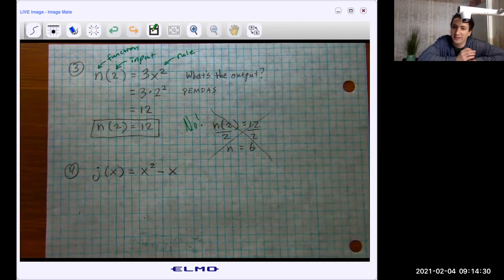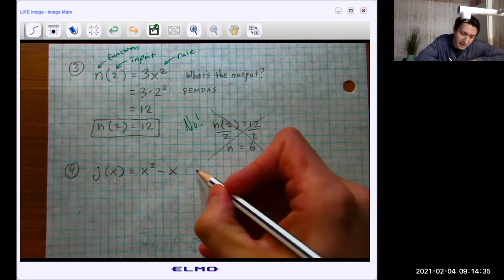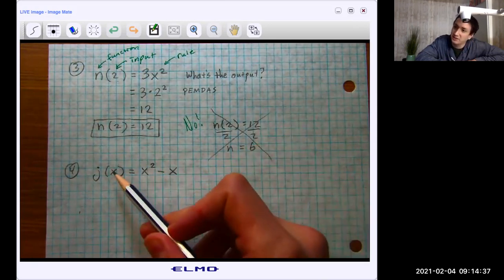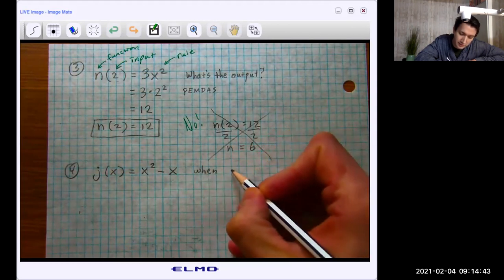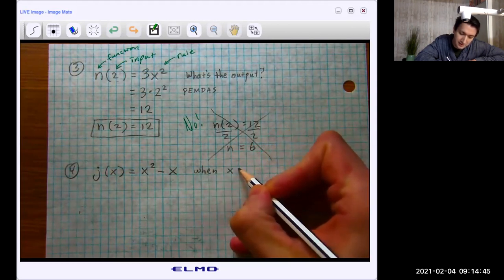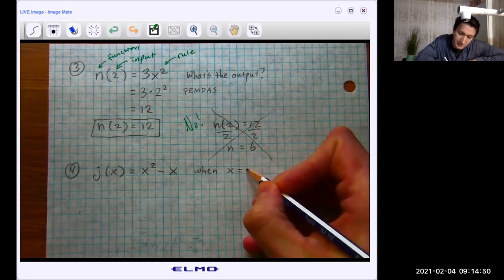So already I can tell I have a function j, and I already know what the rule is. But then we might see it like this. We might see the function, and then it says like when x equals, let's say, -7.